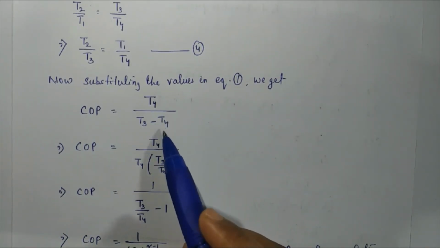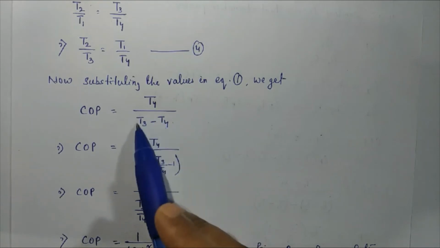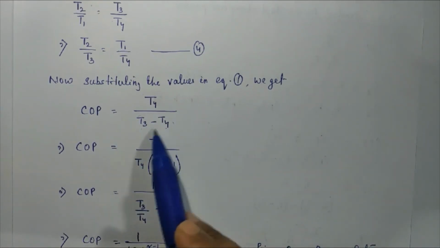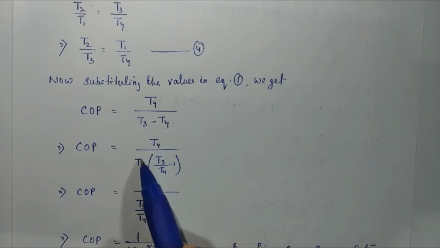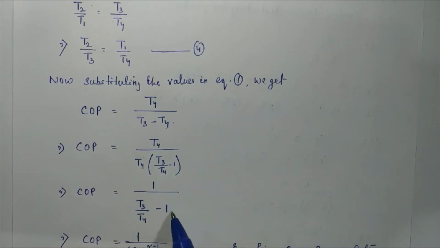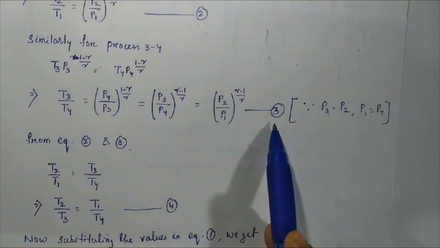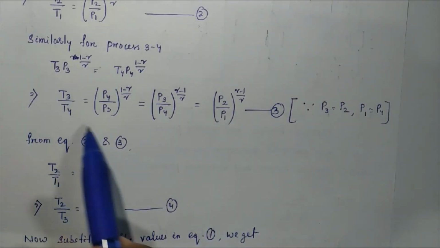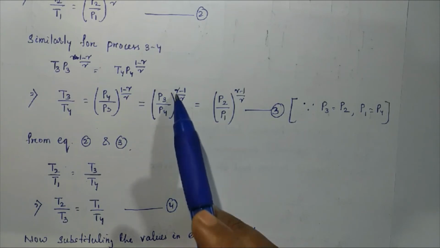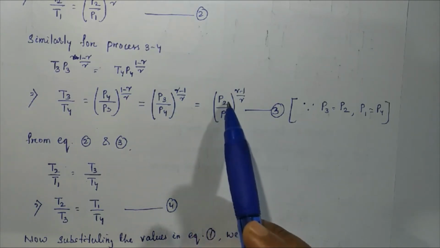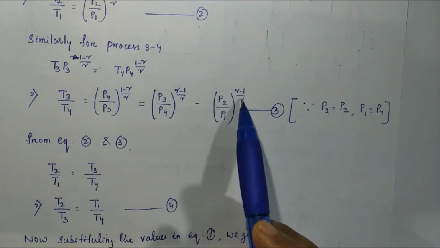Now take T4 common from the denominator. If you take T4 common from the denominator, T4 cancels and it becomes 1 by (T3 by T4 minus 1). So COP is equal to this, and T3 by T4 we already considered in equation 3: T3 by T4 is equal to P3 by P4 to the power (gamma minus 1)/gamma, or equal to P2 by P1 to the power (gamma minus 1)/gamma.